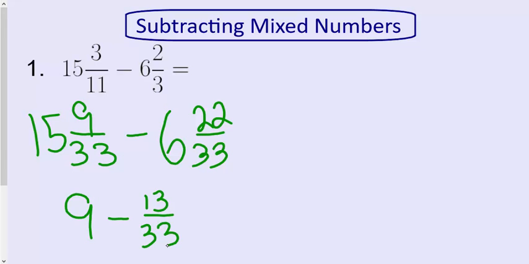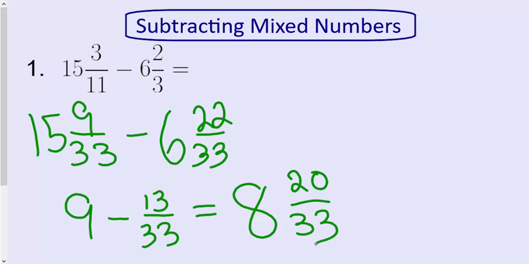Finally, I want to subtract here 9 minus 13/33. Well, I know 9 take away 13/33, I'll have 8 wholes left over, and then part of that 9 without the 13/33 in it is going to be 20/33. So we get 8 and 20/33 as our answer.